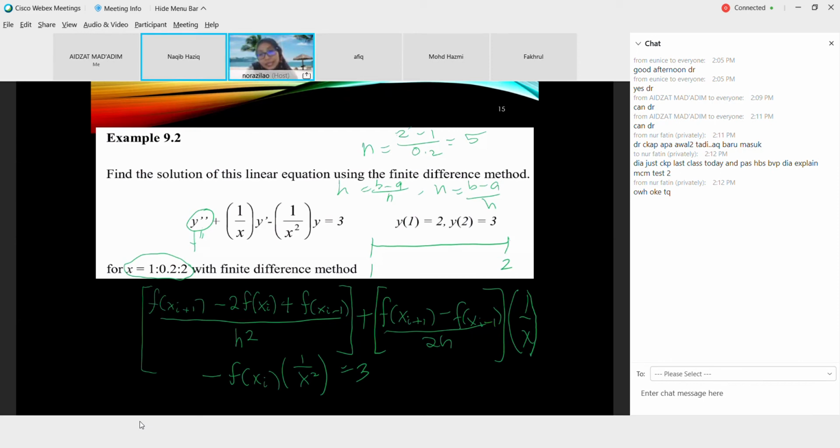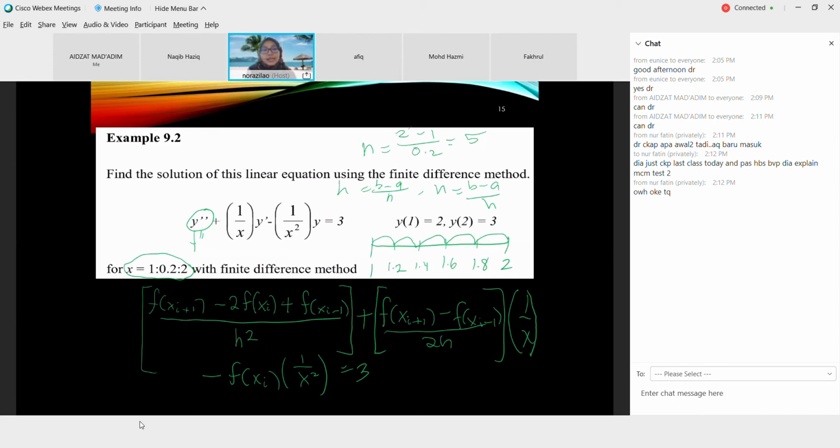So you put here 1.2. Okay, this is a step size. So you start from 1. So 1.2, 1.4, 1.6, 1.8. Okay, you nampak? 1, 2, 3, 4, 5. 5 point you need to jump, from initial to the end.